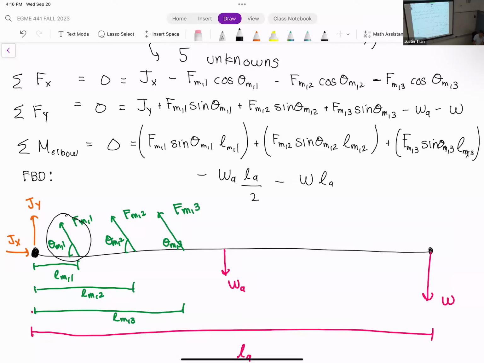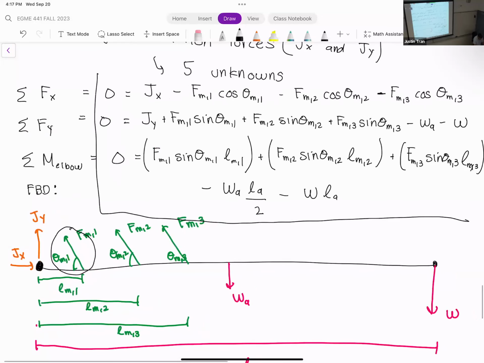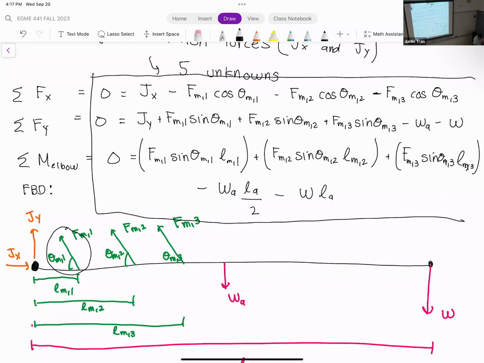All right. And so those are our first three equations for this. Any questions on how we got these equations here?